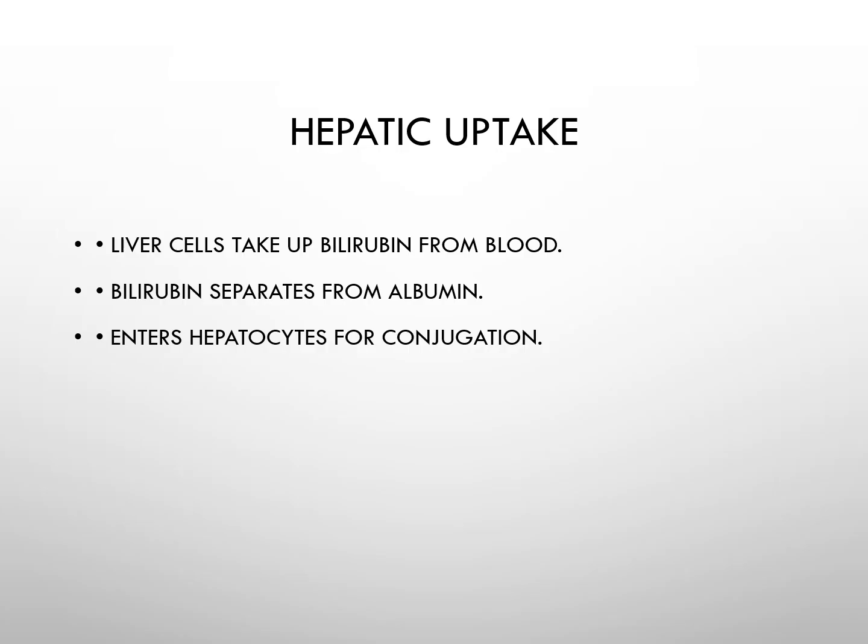In the blood, bilirubin is bound to albumin for transport, and at the liver, bilirubin dissociates from albumin before entering cells. It then enters hepatocytes for conjugation. Free bilirubin is taken up into hepatocytes by carrier-mediated transport, and inside the cells, it is directed towards conjugation for elimination.